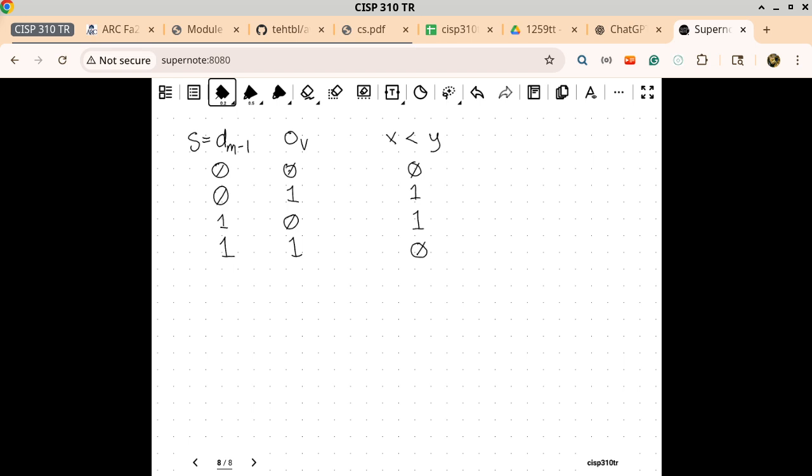Which single operator is that? Exclusive OR. Very good. So that tells us that if we just take the exclusive OR between the sign flag and the overflow flag, then we have the answer that I call the L flag. L stands for less than. Okay, so that's how the L flag is determined.